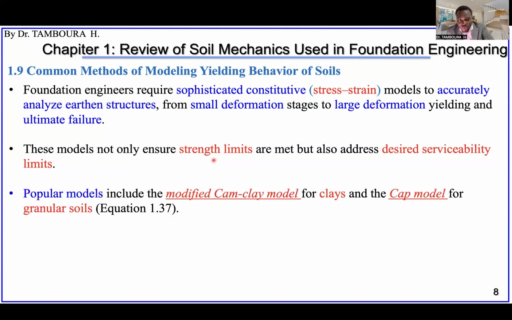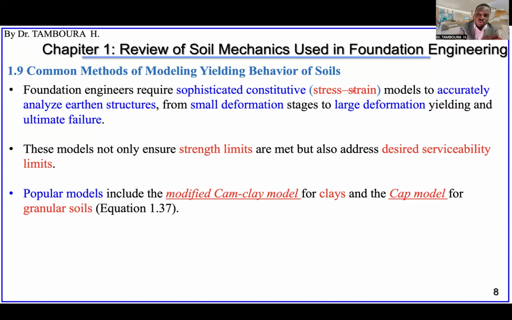So popular models include the modified Cam clay model. Please, when I say model, will you understand what I mean? It is the constitutive model. It means the relationship between stress and strain. That's all. What is the relationship between stress and strain in case of clay?